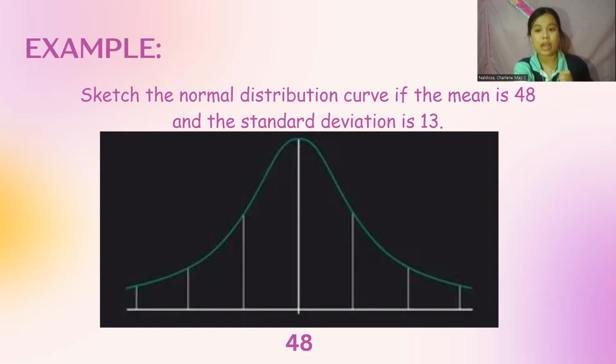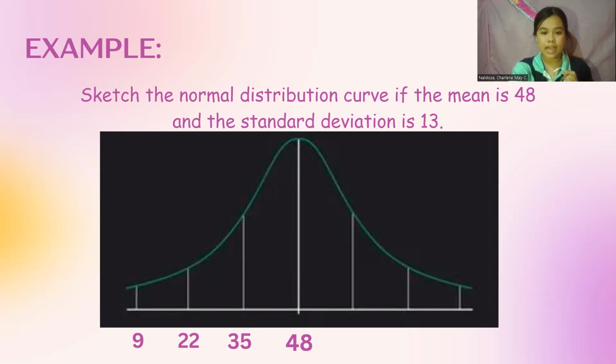So 48 minus 13 is 35. 35 is the value of the first standard deviation below. Then 35 minus 13 is 22, and 22 is the value of the second standard deviation below. And then 22 minus 13 is 9.